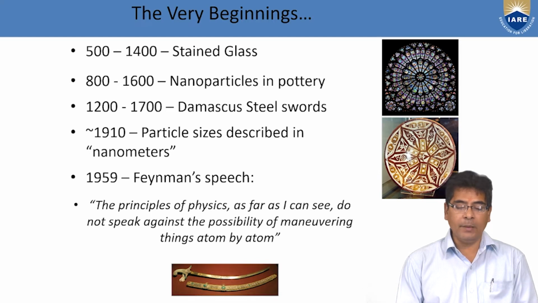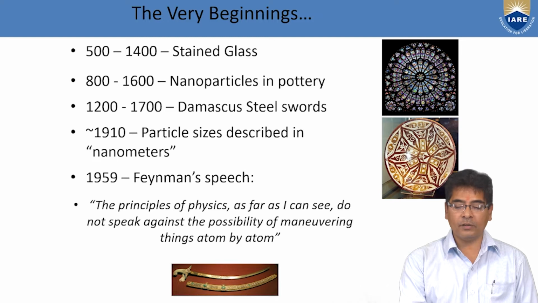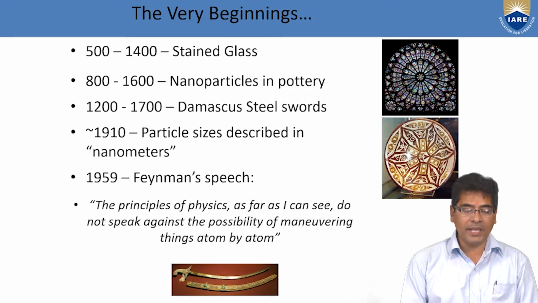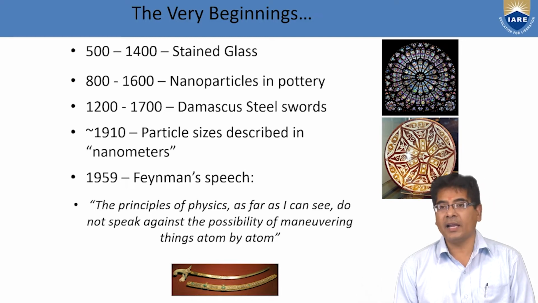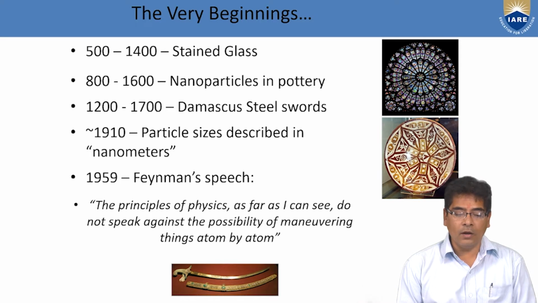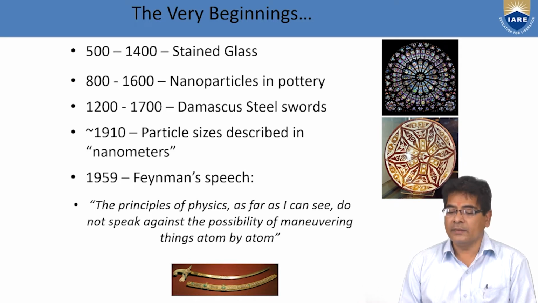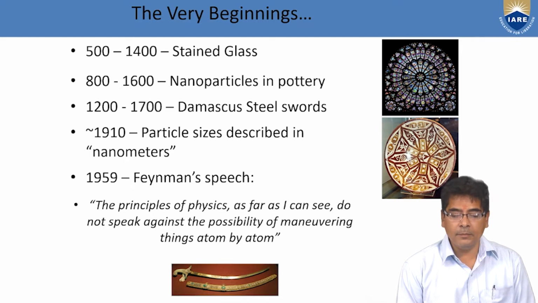According to Richard Feynman, the principles of physics, as far as we can see, do not speak against the possibility of maneuvering things atom by atom. It is not an attempt to violate any laws. It is something that in principle can be done, but in practice it has not been done because we are too big.